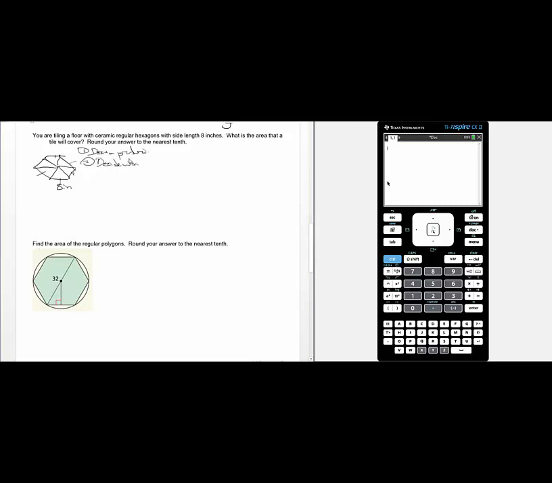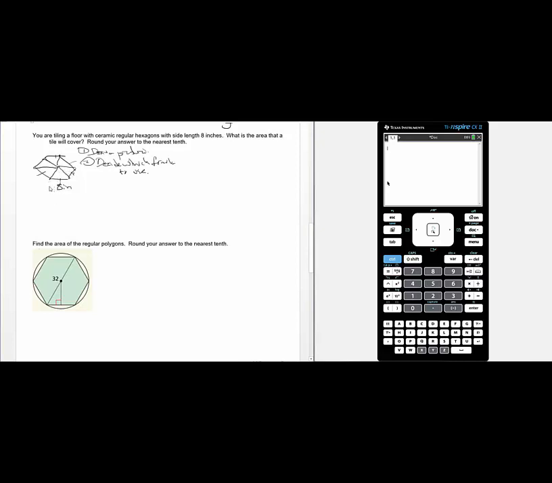To make that decision, I would decide what information I have and what's the least amount of effort I need to put in to finish this problem. What's the least number of things I need to calculate in order to figure out the area?